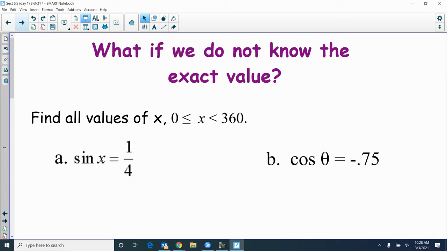All right, what if you don't know the exact value? Sine of x equals 1/4. Is that a unit circle value? No. So what do we do? You pull out your calculator. Unless you can do this one in your head, that'll be really impressive.